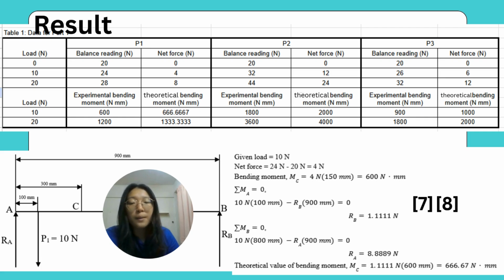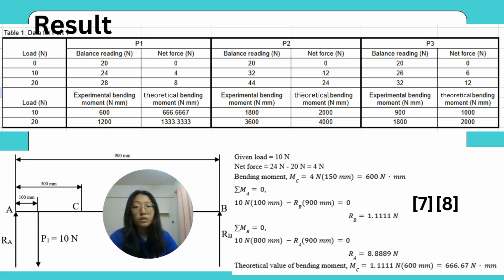So for theoretical bending moment, when moment at A is equal to 0, so 10 Newton times 100 millimeter minus RB times 900 millimeter equal to 0, so we can get RB is equal to 1.111 Newton. When the moment at B is equal to 0, so 10 Newton times 800 millimeter minus RA times 900 millimeter is equal to 0. So RA is equal to 8.889 Newton.